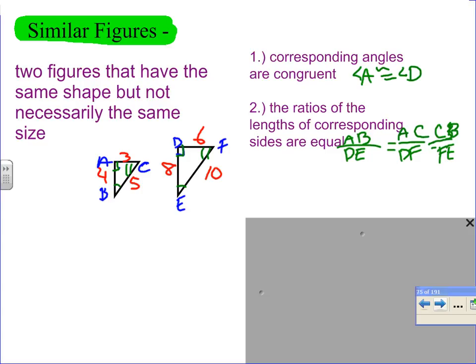The scale factor of triangle ABC to DEF is 2. So yes, you say that a lot in geometry. That's why I'm talking about that now. Yep. But you always hear the word scale factor. Okay, when you guys are done, just look at example 1, but don't start it yet. So the biggest thing today is learning the difference between congruent and similar.